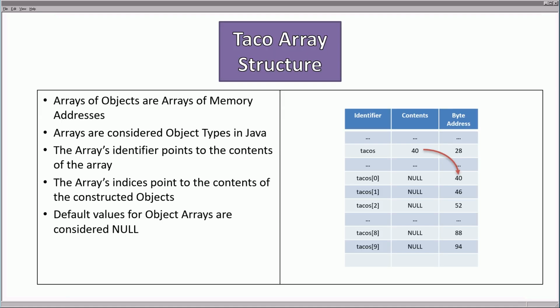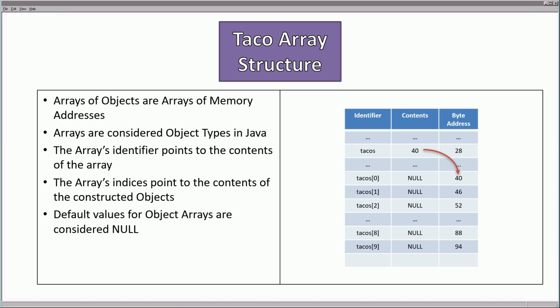In order to address this, we're going to take a look specifically at this taco array. Now, this is an array of an object type. And the way that we can think about this is object types, remember, they are separated based on the reference, the memory address, that references its contents. This means that everything that is held inside of an index of an object array is simply a memory address.